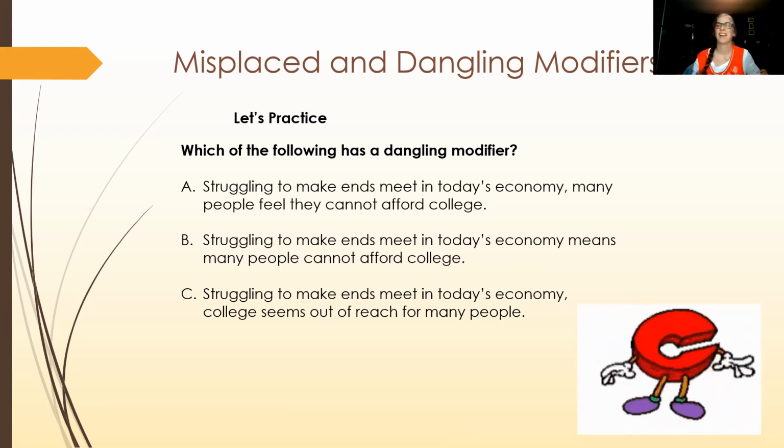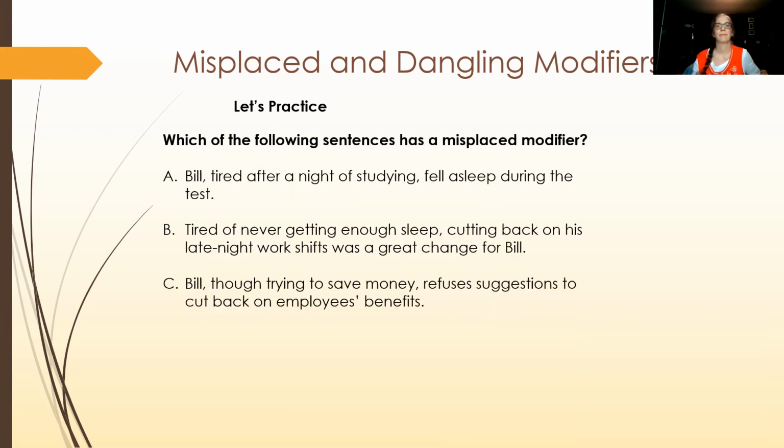All right, let's practice again. Which of the following sentences has a misplaced modifier? Bill, tired after a night of studying, fell asleep during the test. That's good because tired after a night of studying describes Bill.